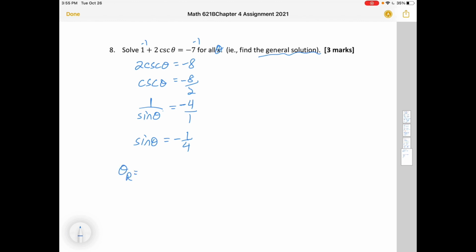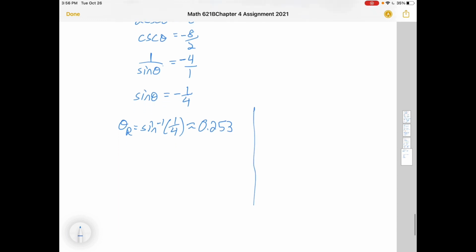We can find the reference angle by using inverse sine of 1/4. If we do that in radians, we're going to get 0.253. I'll do it in degrees in just a second off to the side, but I'll follow it through in radians. So I'm going to sketch my answer.